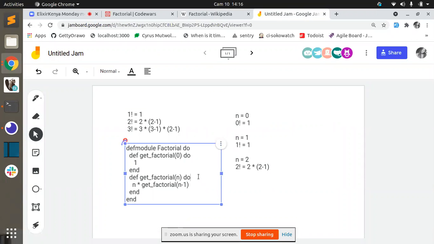So we are working with 3. So in the first, when you pass 3, it will match the second function, get factorial. Yes. Then we'll do 3 times get factorial n minus 1. Which is 2 times 2.